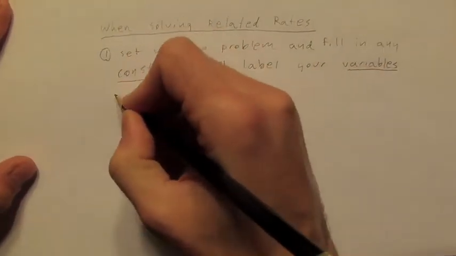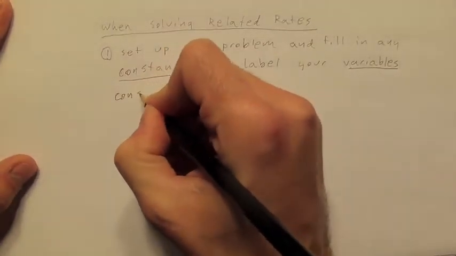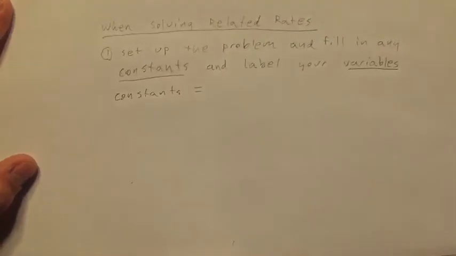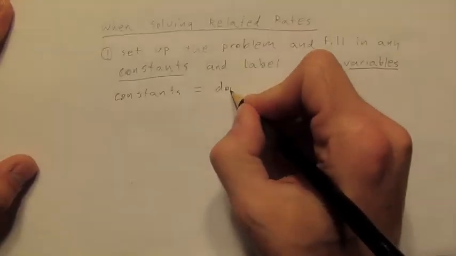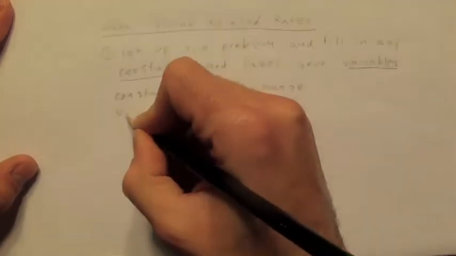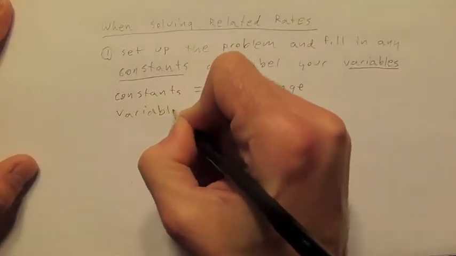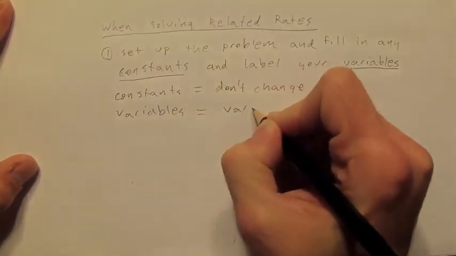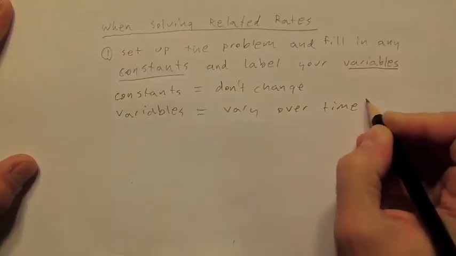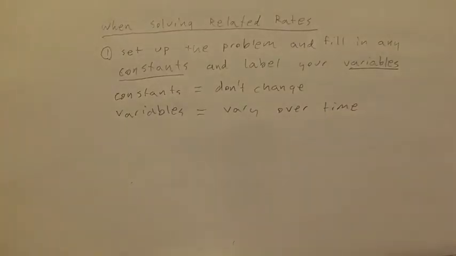Okay, so here's how you identify these. Constants don't change. Variables vary over time. If you look at a quantity and you think, is this thing changing over time?